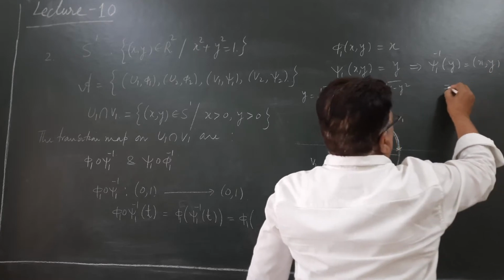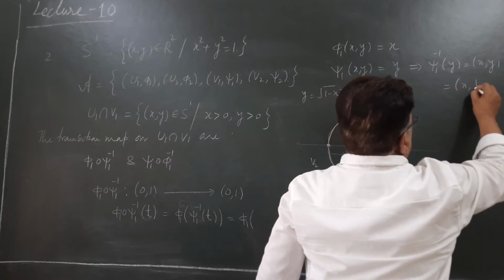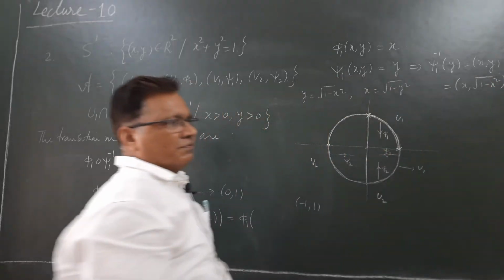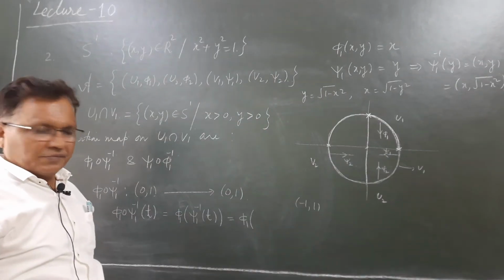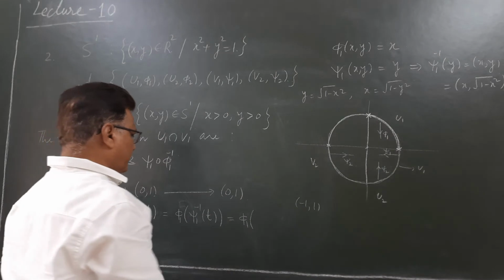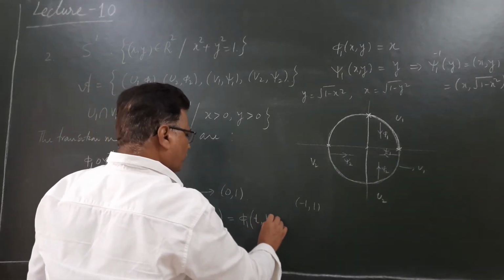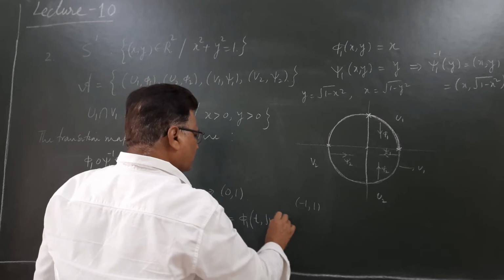Or you can say this is (x, under root 1 minus x square). Okay? So this will be (t, under root 1 minus t square).